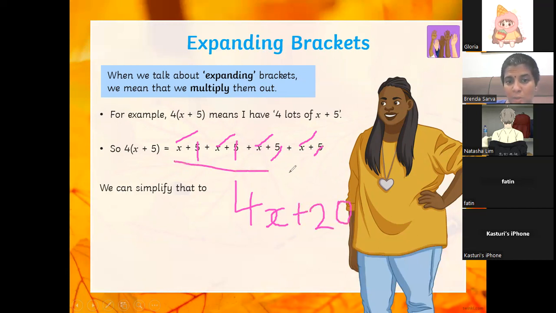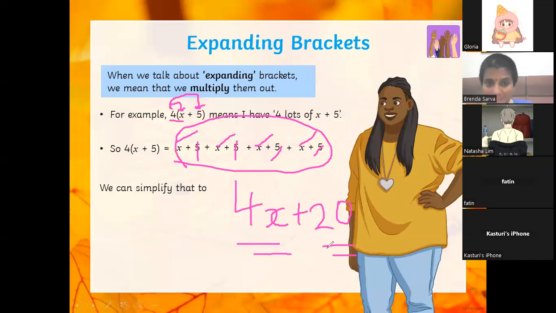So instead of doing the long way, you just take the 4 times with the x, take the 4 times with the 5. So 4 times x is 4x, 4 times 5 is 20. This is your basic idea.